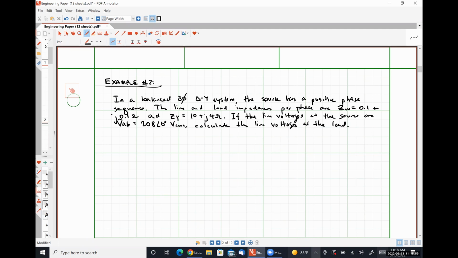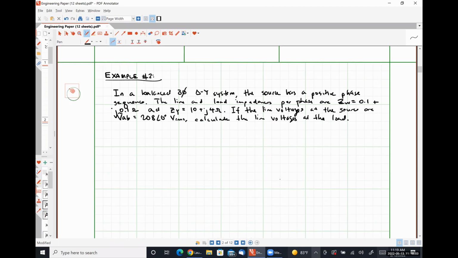So as per usual, I'm going to draw this circuit to help us get a better understanding of what it is that we're looking for. Here's VAB.